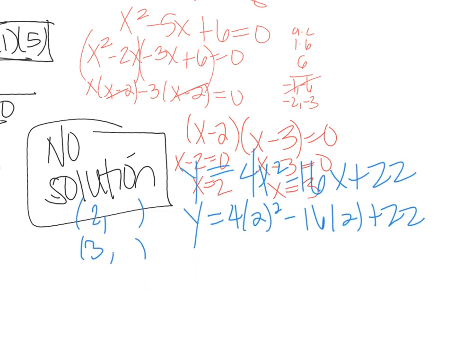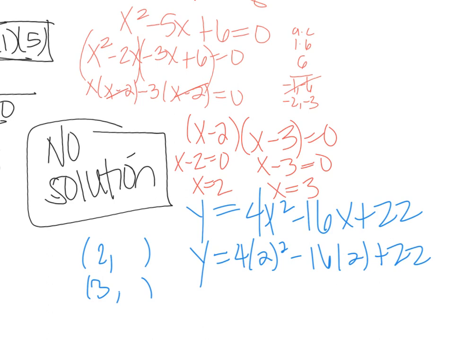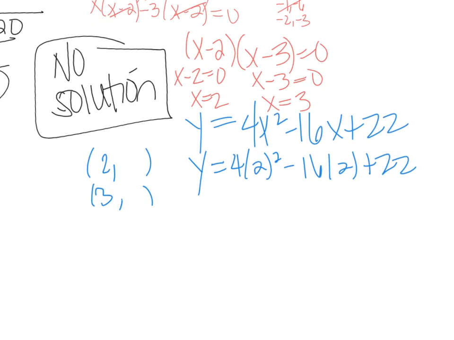All right, so if I solve that and actually evaluate this whole line here, I get y equals 4 times 4 minus 32 plus 22.